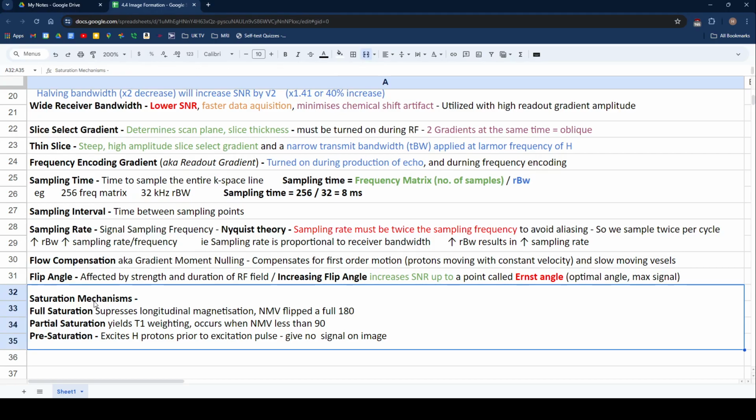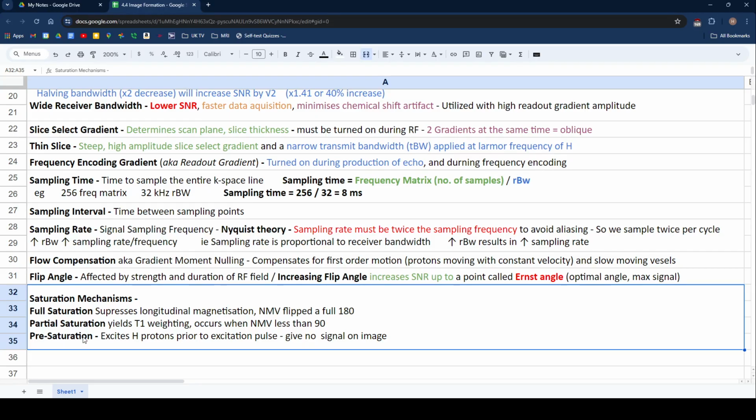Saturation mechanisms. Full saturation suppresses longitudinal magnetization. The net magnetization vector is flipped a full 180. Partial saturation yields T1 weighting. It occurs when the NMV is less than 90.